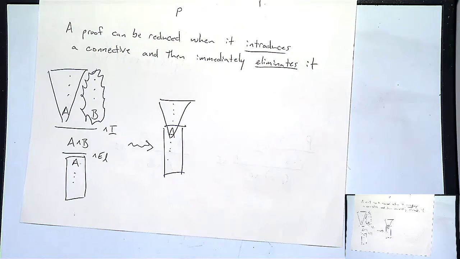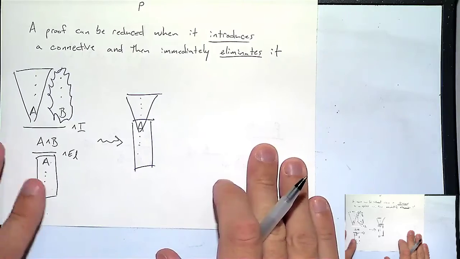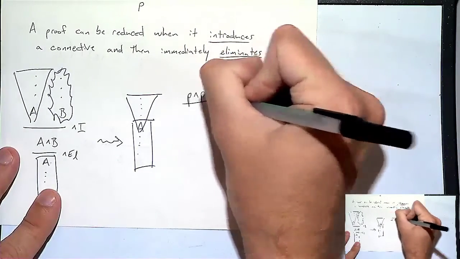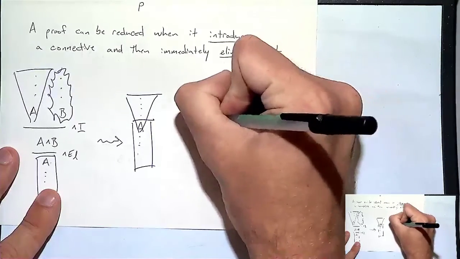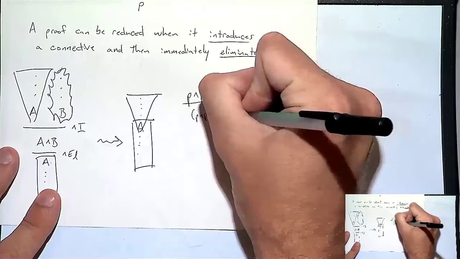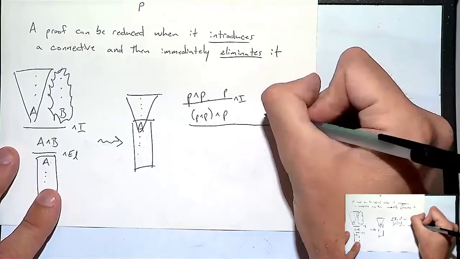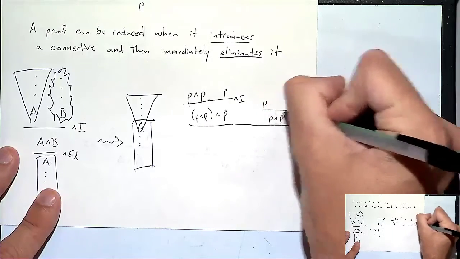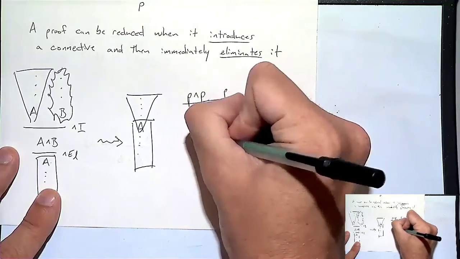So let's take a look at an example. And let's take a look at a cruel example. Because sometimes that's fun. P and P and P. And let's introduce P and P to P and P. Conjunction introduction.